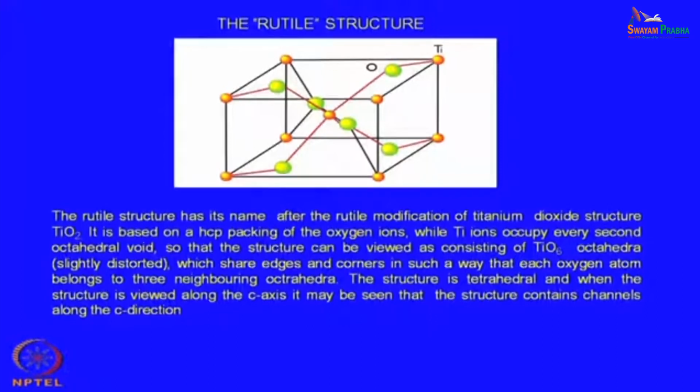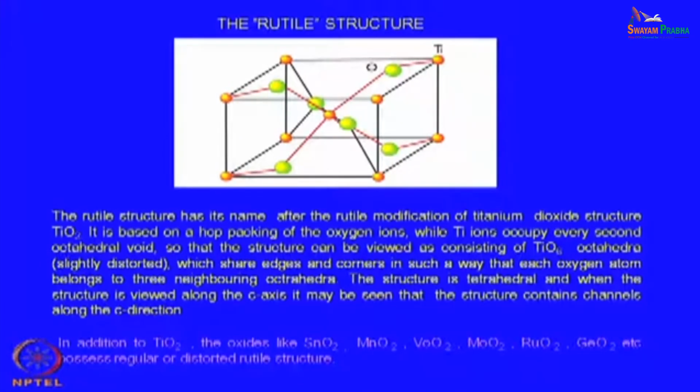More importantly, we need to know what is the coordination number of the cations involved, or what is the coordination number of the oxygen. That means, how many cations are surrounding an oxygen ion and how many oxygens are surrounding a cation. So, this is the way we normally describe the structure of some of the oxides.